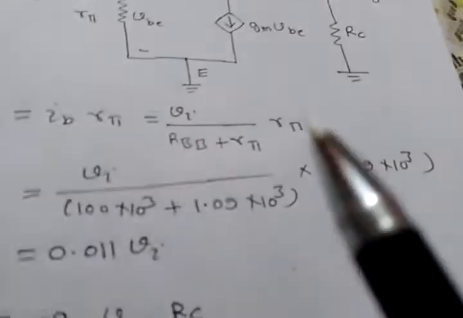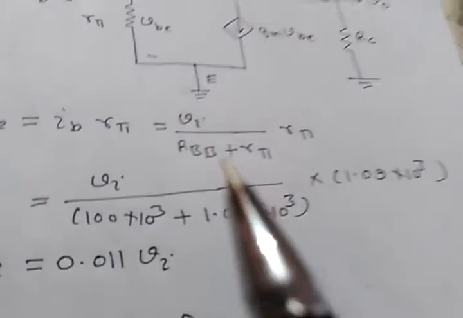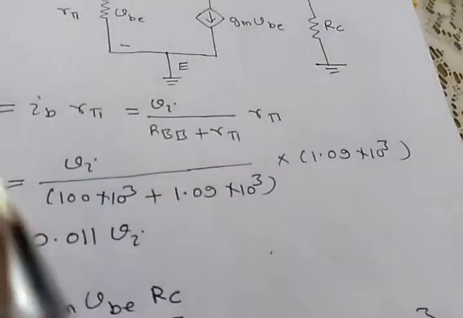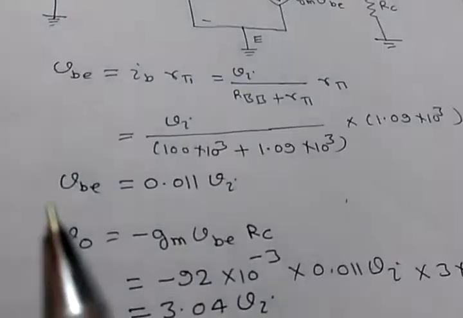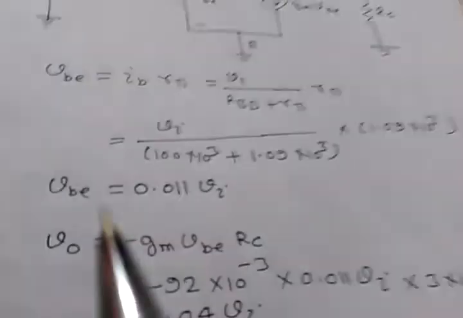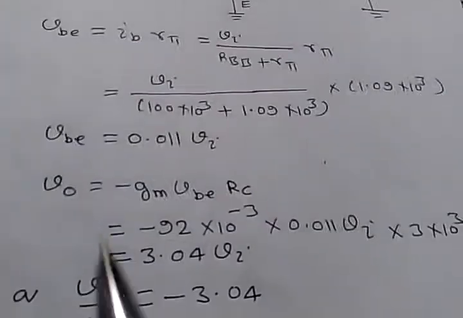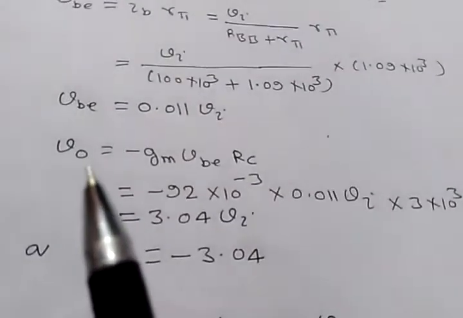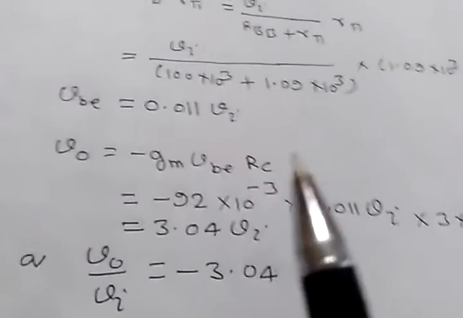Now put the values of R pi and RBB and solve this expression. On solving this expression, we can write VBE equals 0.011 Vi.